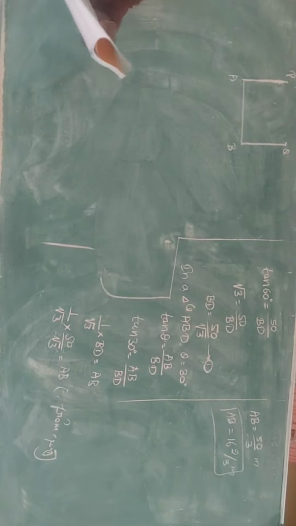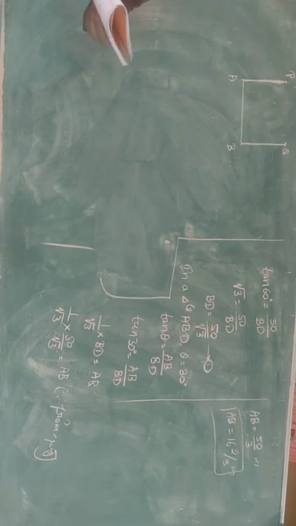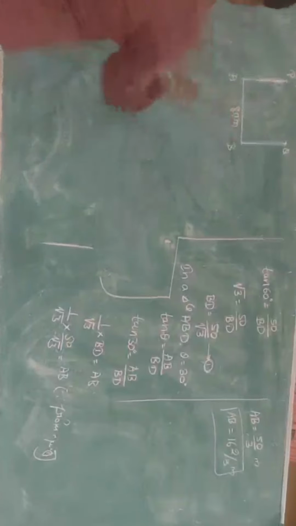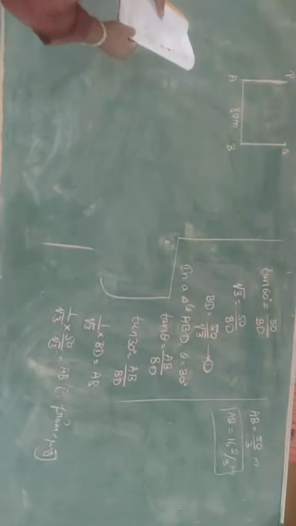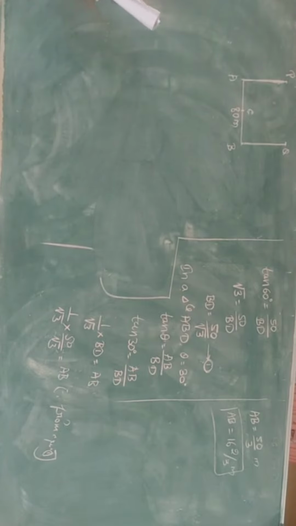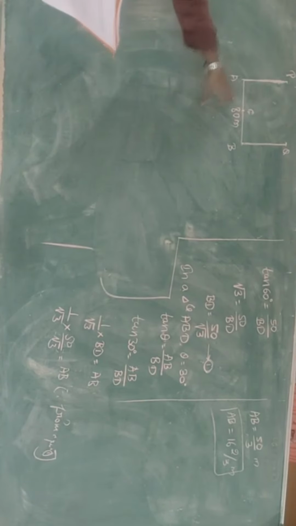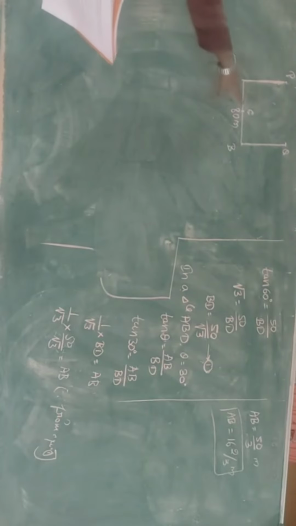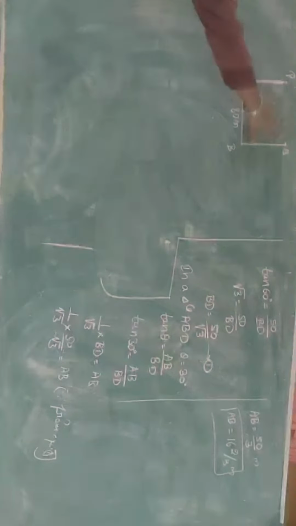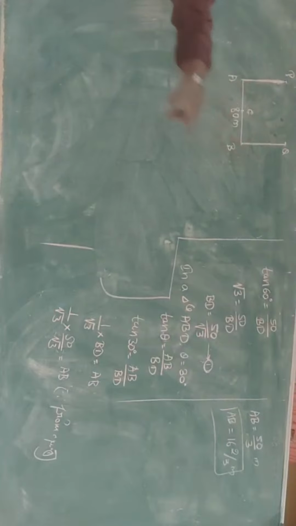And there is a point on the road, and the road is 80 meter wide. This point we can call C. The angles of elevation from this point to the top of both the poles are 30 degree and 60 degree.